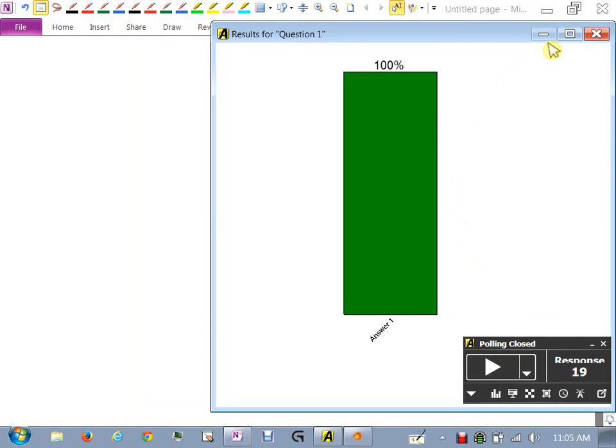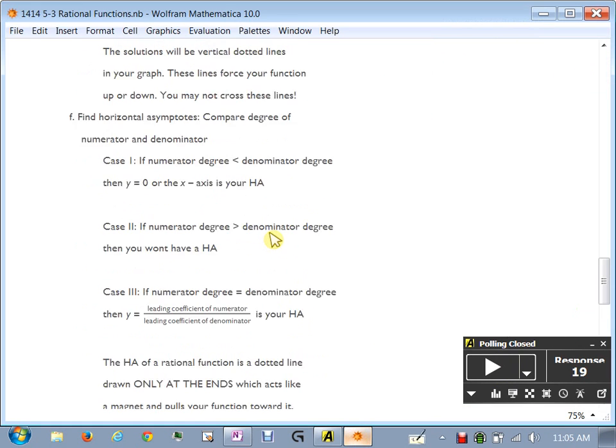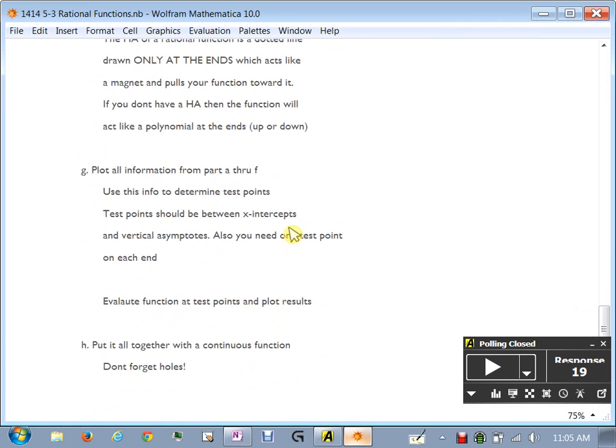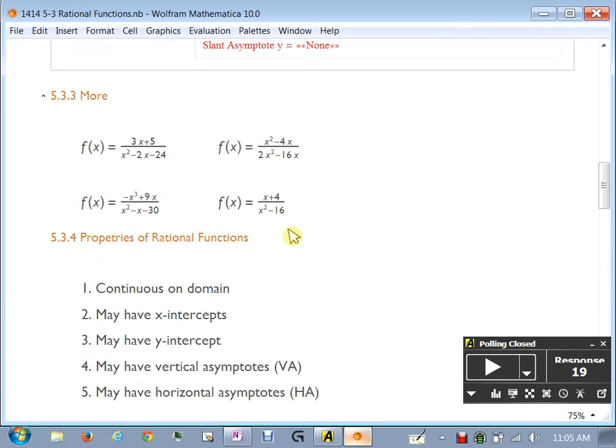All right. Well, let's pick up where we left off. We ended class, I actually had to keep you a little late, didn't I? And we had graphed the 3x plus 5 over x squared minus 2x minus 24, right? So I'm going to move on now to the next one over here. X squared minus 4x over 2x squared minus 16x.